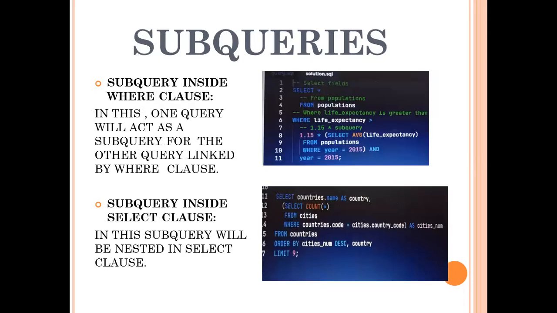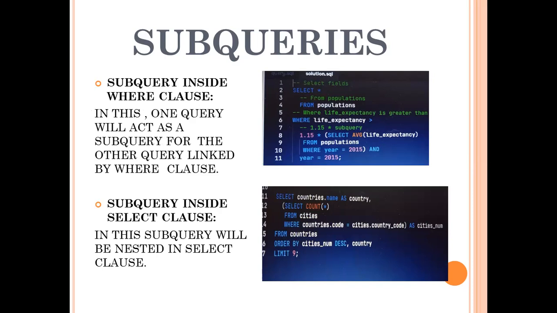Talking about a subquery. A subquery is a nested query inside a first query in the parenthesis. So how will we write a subquery inside a where clause? In this case, one query will act as a subquery that will be written in parenthesis, and before it we will write the where clause.